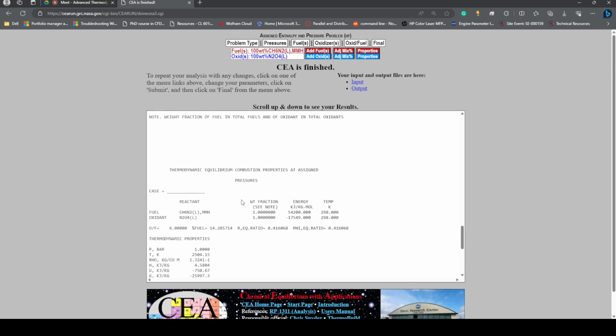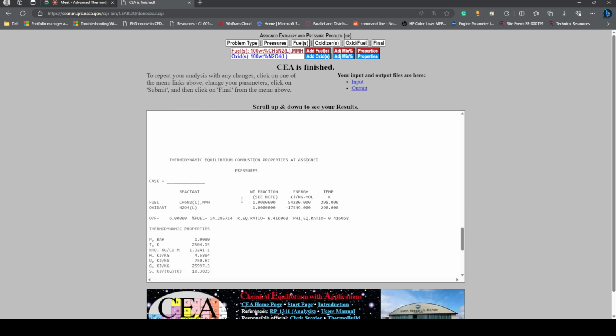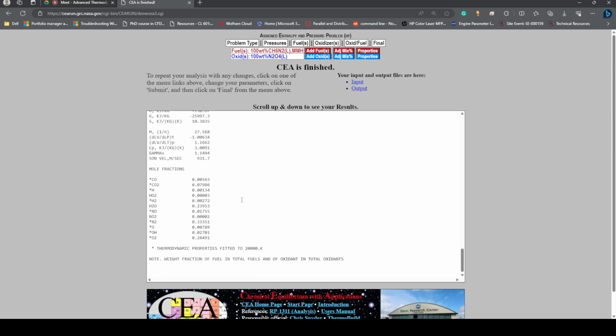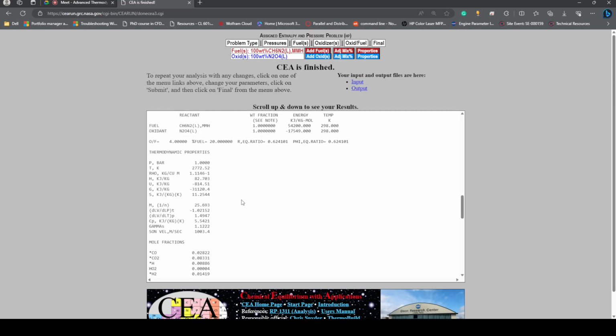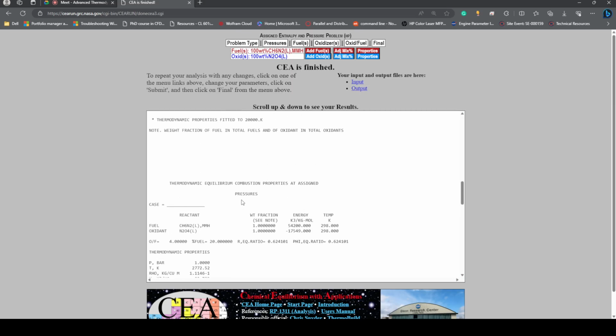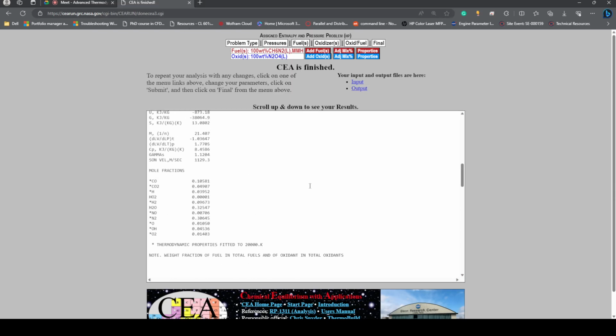Recently, they have used this as a tool to find the emission norms.